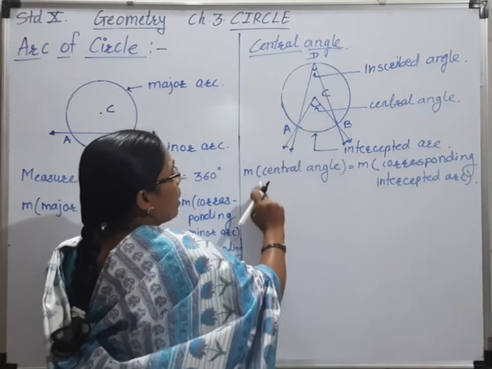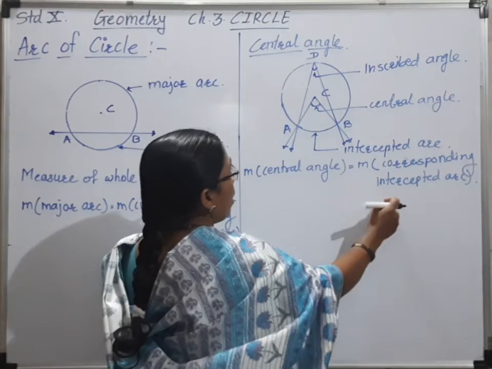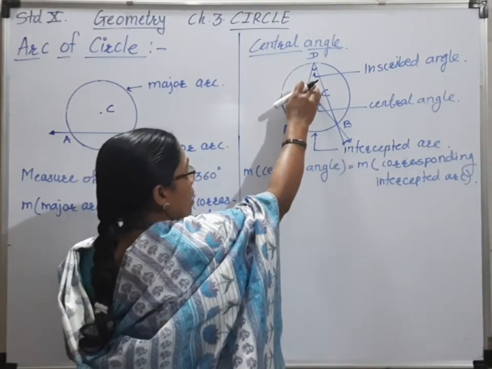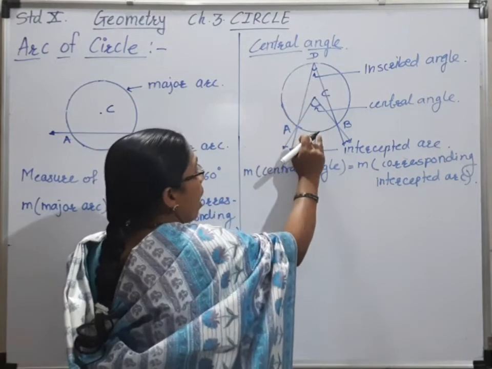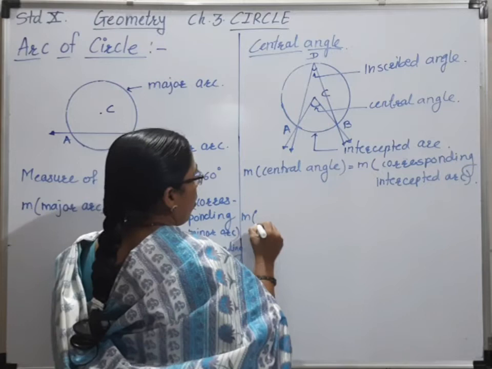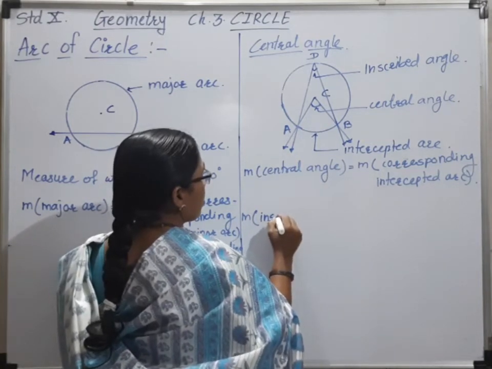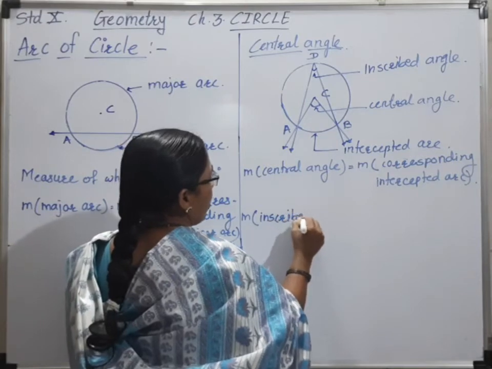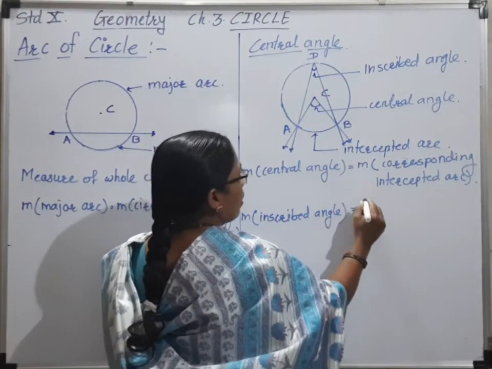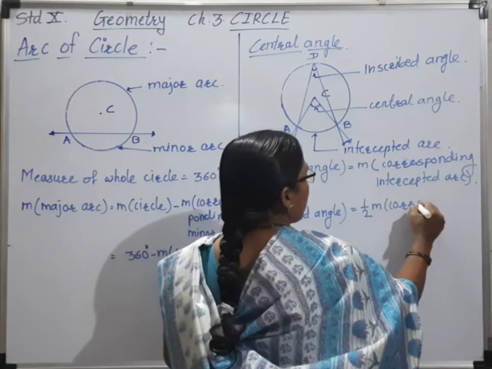The measure of the central angle is equal to the measure of the corresponding intercepted arc, and the measure of the inscribed angle is equal to half of the measure of the corresponding intercepted arc.